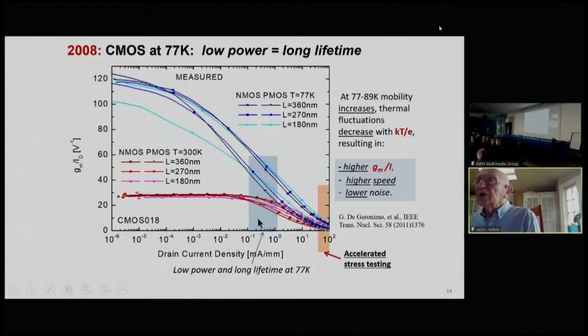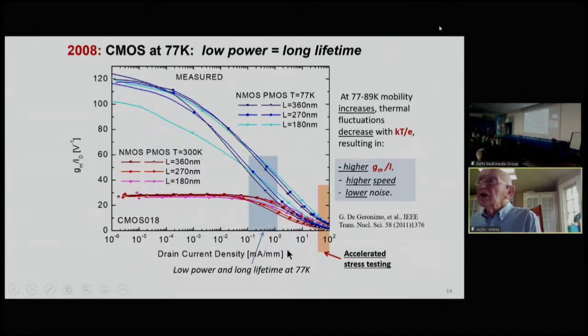It turned out that doing a low power design corresponded also to having devices with very long lifetime, much longer than needed for experiments of 20, 30 years, extending to orders of magnitude higher.